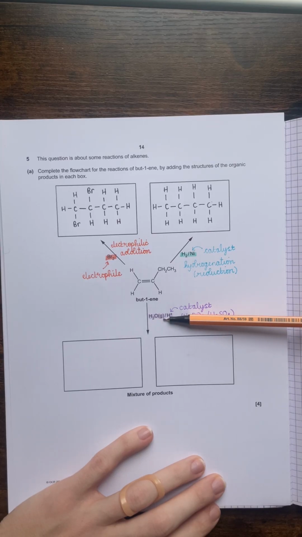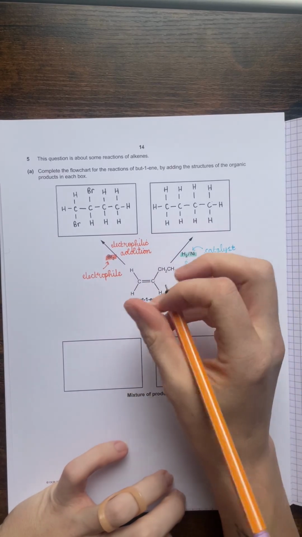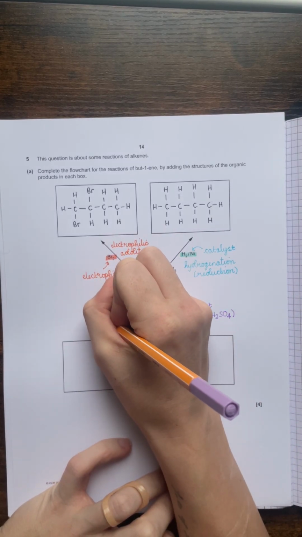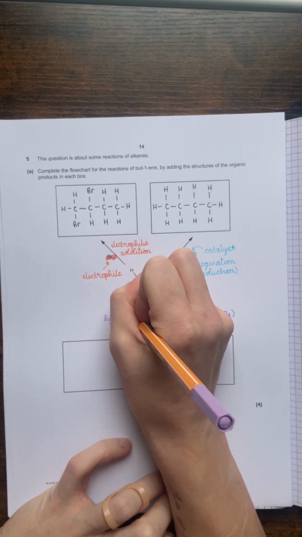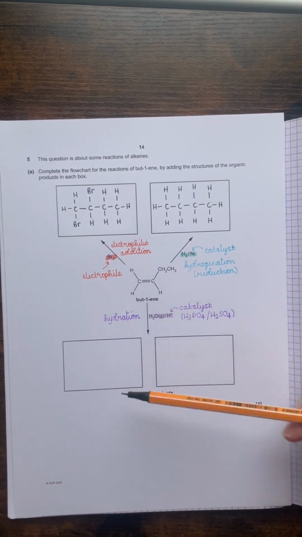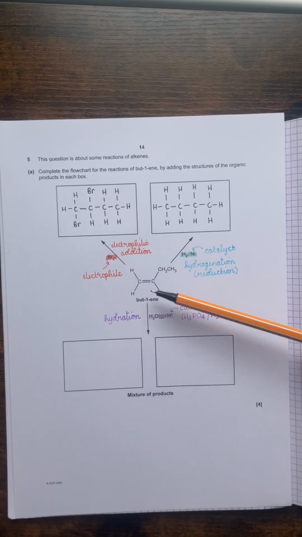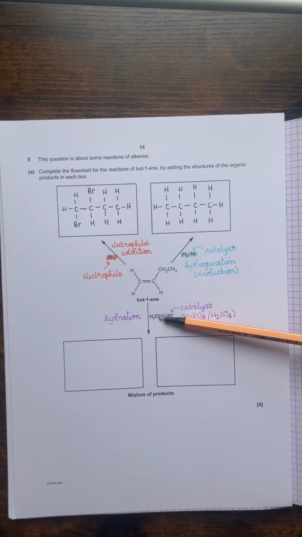If we are adding water across a double bond, the process, again, rather than the mechanism name, is going to be hydration. When we add water, we hydrate. If we were to remove water, we would dehydrate. And the reason we're going to get 2 products here is because this is an asymmetrical alkene, and because when the H2O gets added across the double bond, one carbon will gain a H and the other will gain an OH.